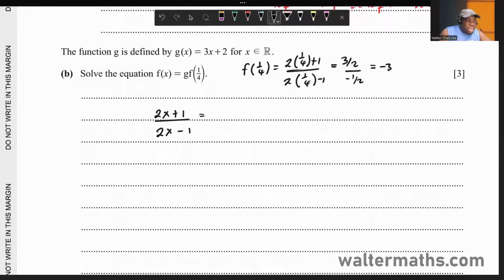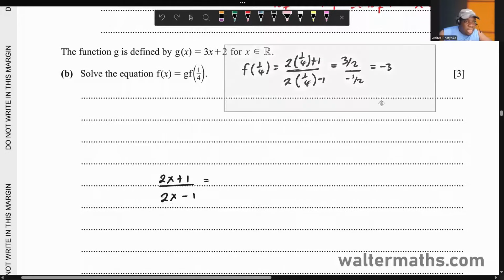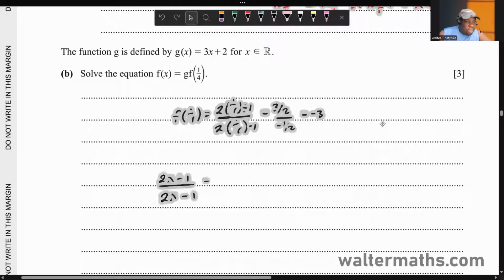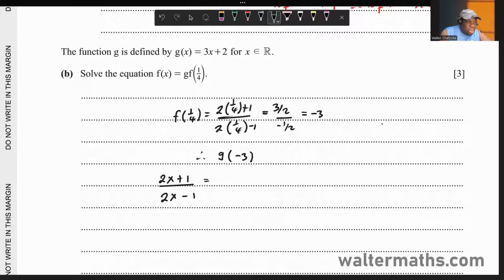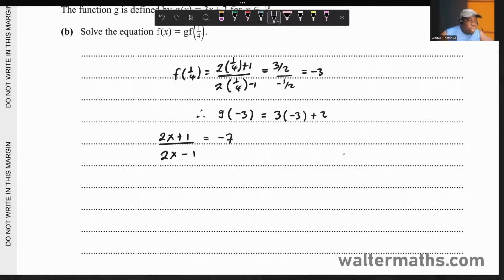So therefore, g of minus 3 should be equal to 3 of minus 3 plus 2. So that's minus 9 plus 2, which is minus 7. So that's what we are equating here.